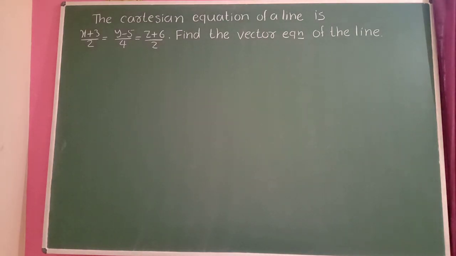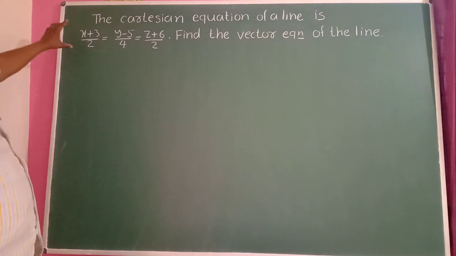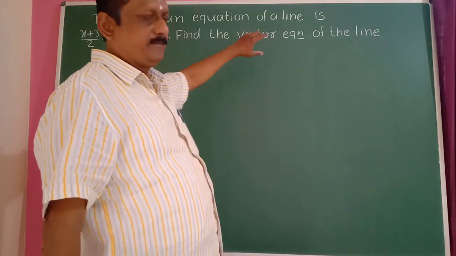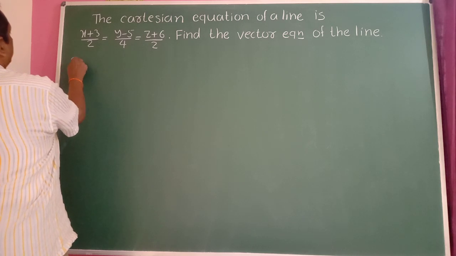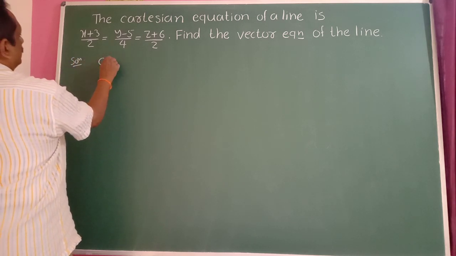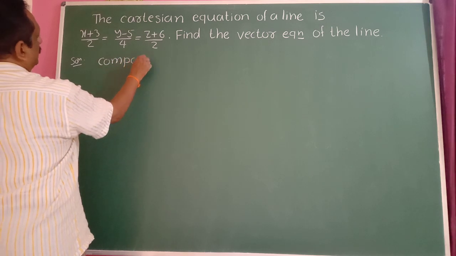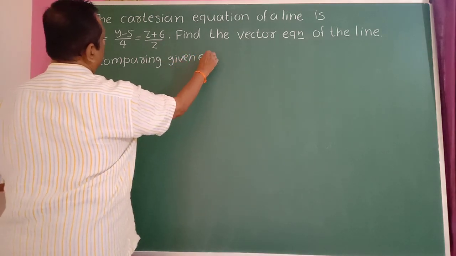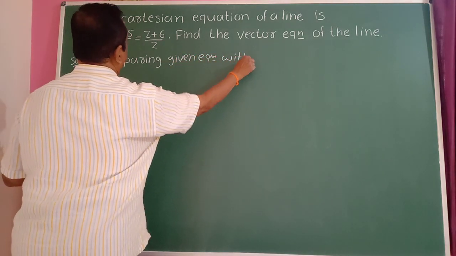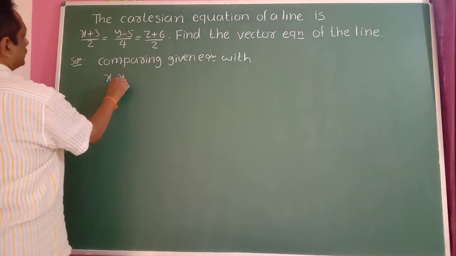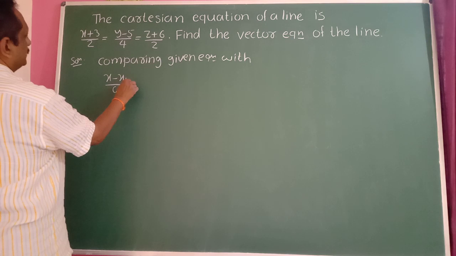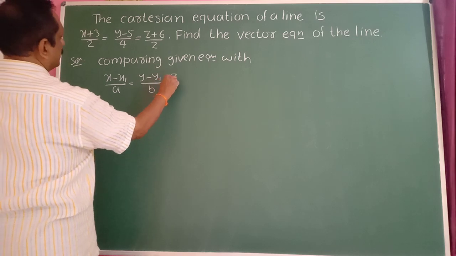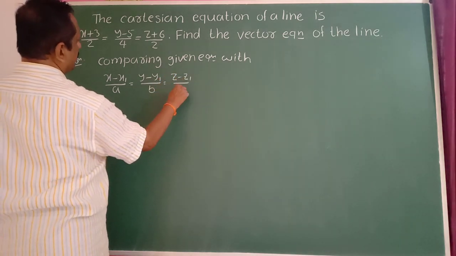So they given an equation of the line in the Cartesian form here. This is a Cartesian equation of the line. Find the line in the vector form. Therefore, comparing the given equation with (x minus x1) divided by a is equal to (y minus y1) divided by b is equal to (z minus z1) divided by c.